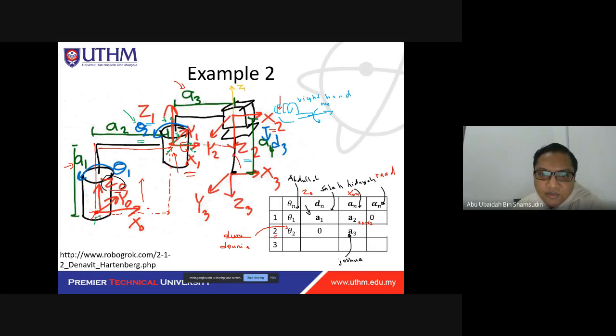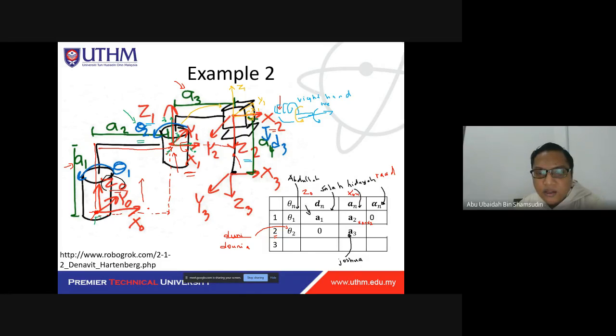So you just bring your axis one here, and you overlap everything. So this is your xn, yn, zn, and this is your x1, y1, and z1. I just bring everything from here to here, and then you can see the rotation this way.